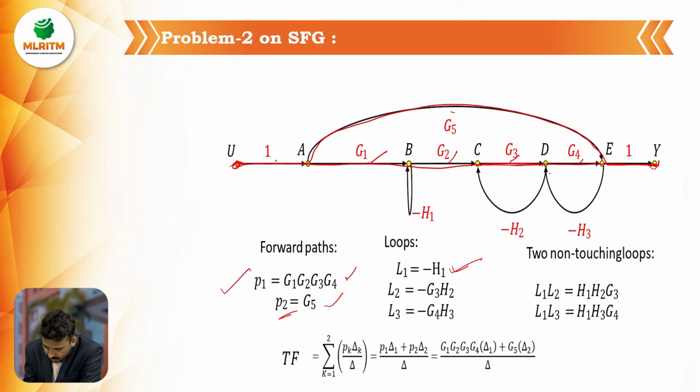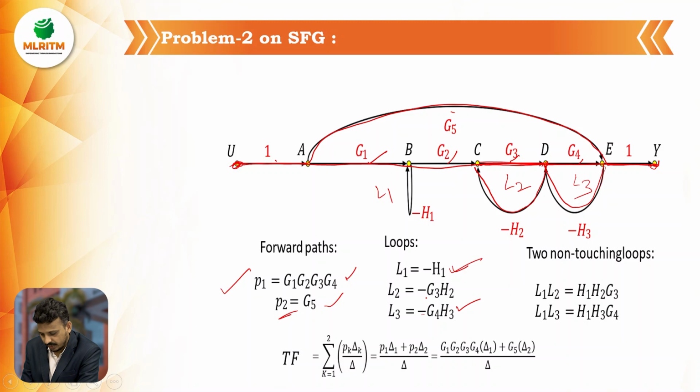Yes, this is a loop, and this arrow direction is for this loop. So G3 and minus H2 is loop 2. This is L1 and this is L2. And see here, the signal travels from this and again ends at the same point. So this is L3, G4 into minus H3.